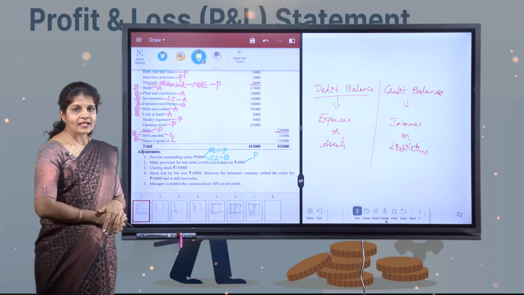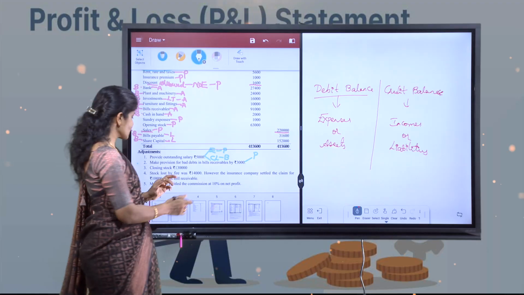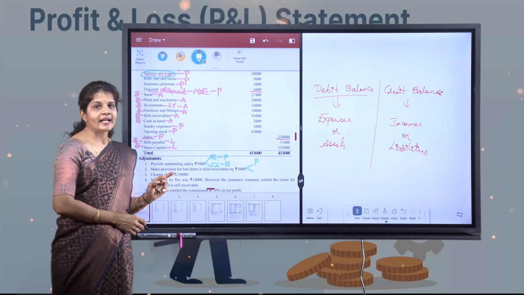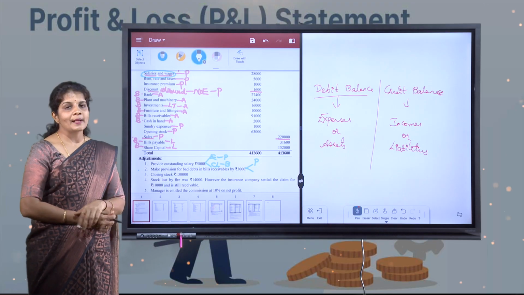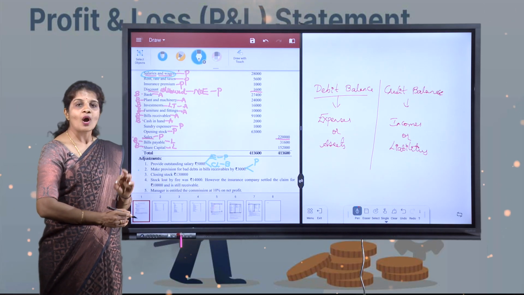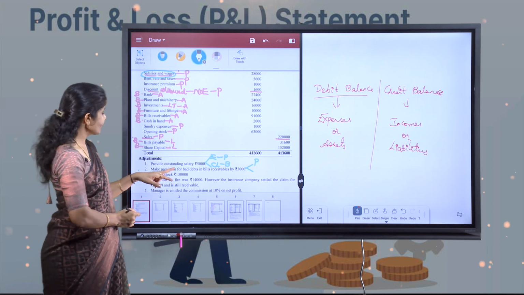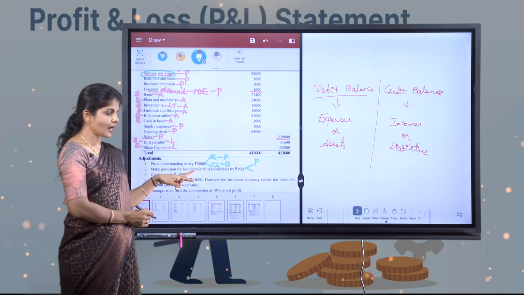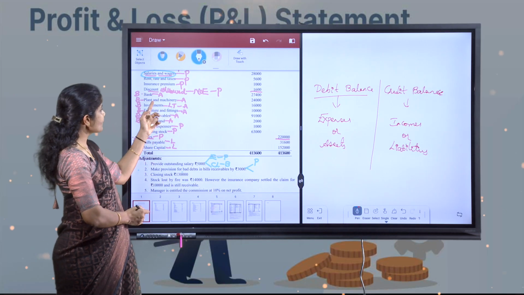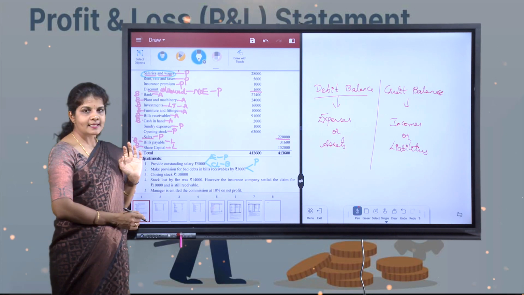What about the one more adjustment? This one more adjustment of the provision for bad debt will be taken under the current liability side of the balance sheet. Or we can also do it in another manner, that this provision for bad debt can be deducted from the bills receivable.